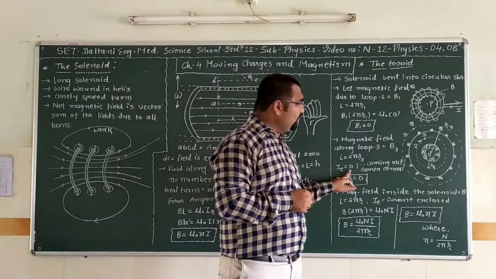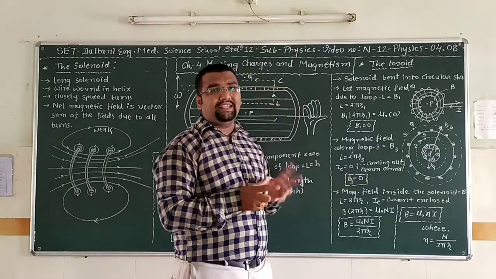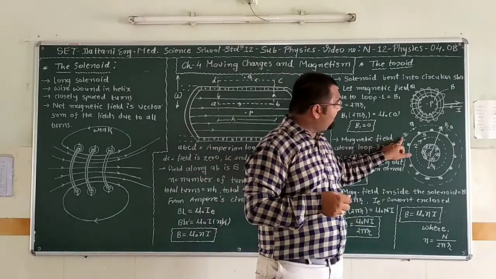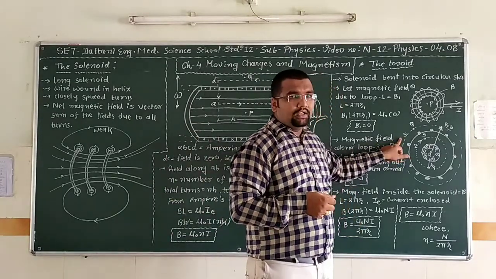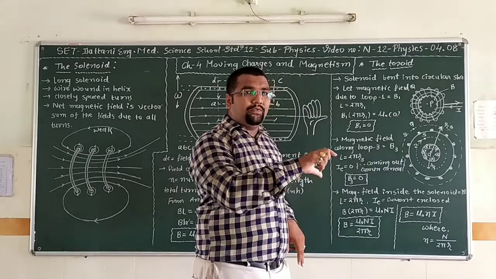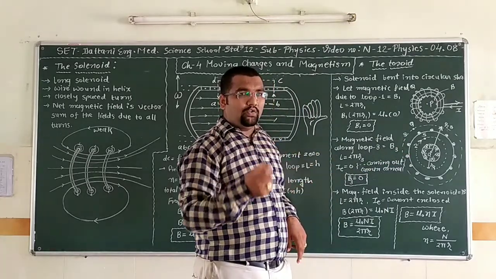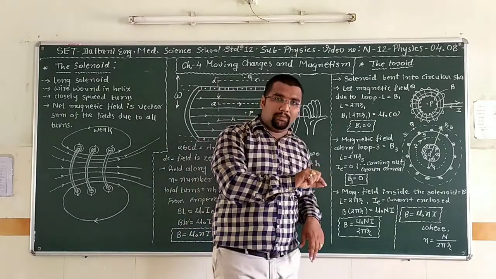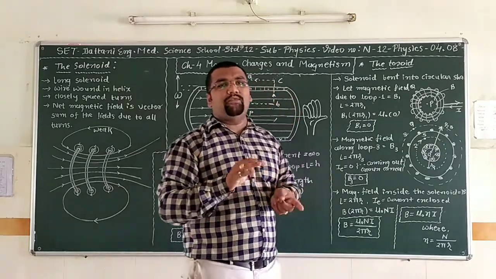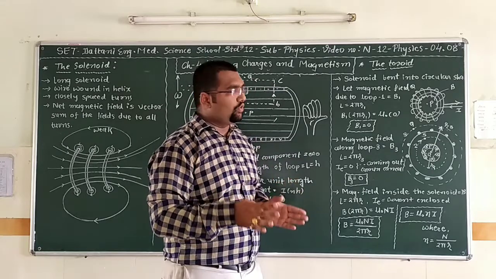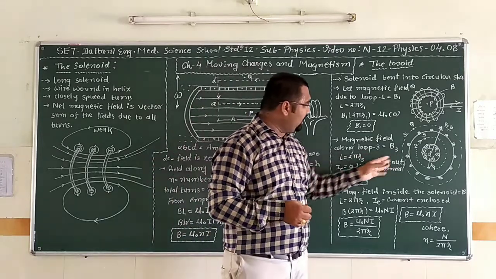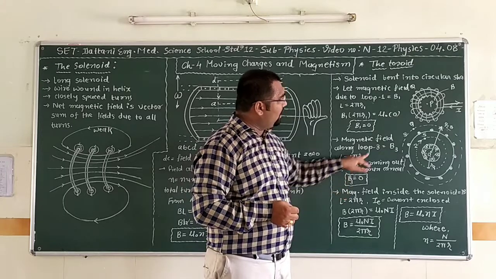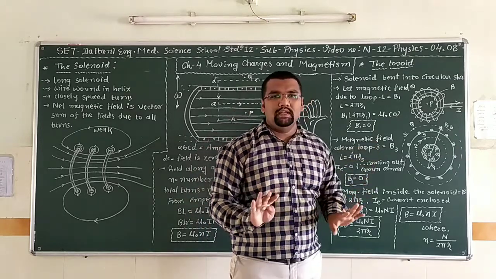The current enclosed by this loop will cancel out. How? In loop number 3, the magnetic field lines coming out of the plane and going into the plane cancel the effect of each other. So the net current over here is 0, and the magnetic field due to loop 3 will also be 0.